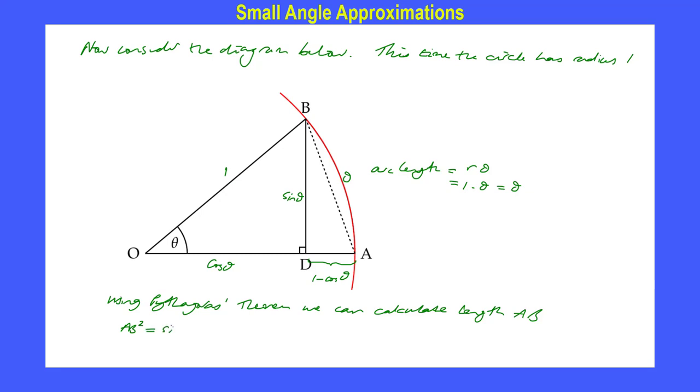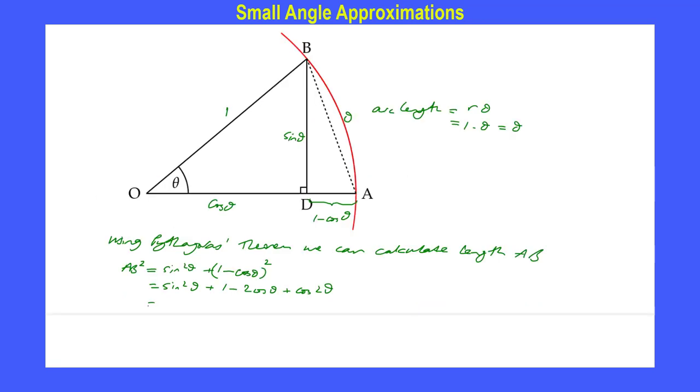And so we get AB squared is equal to sine squared theta plus 1 minus cos theta all squared. And by expanding this and simplifying it, we can end up with an expression for AB squared. So AB squared is equal to 2 minus 2 cos theta.